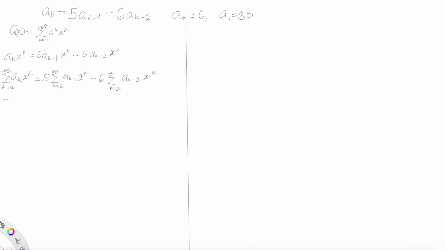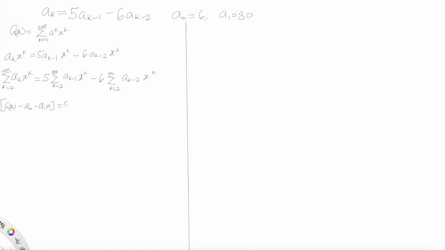So g of x minus, the first term is a0, and the next term is a1x, and you know that this is a k plus 0, so you don't multiply by any x, so you leave it as it is.